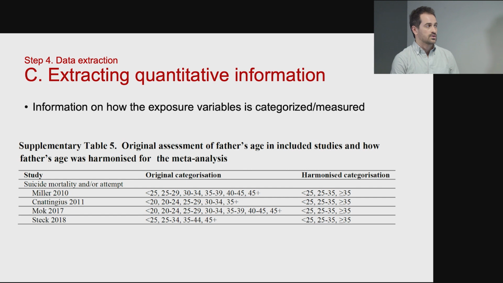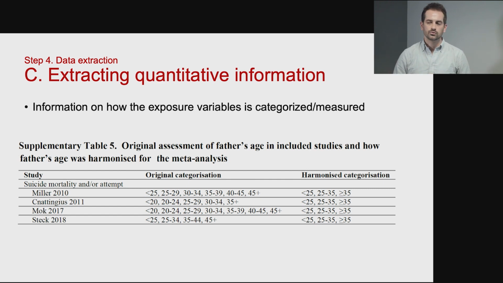Another piece of information that you want to extract is how the exposure is measured and categorized. This is important because not all studies measure the same thing in the same way. Maternal age, for example, can be measured in a continuous way or in categorical ways.